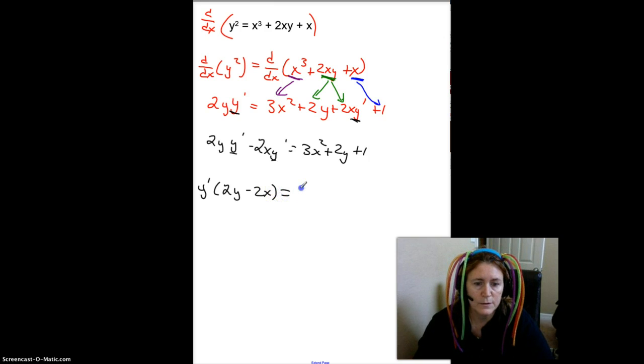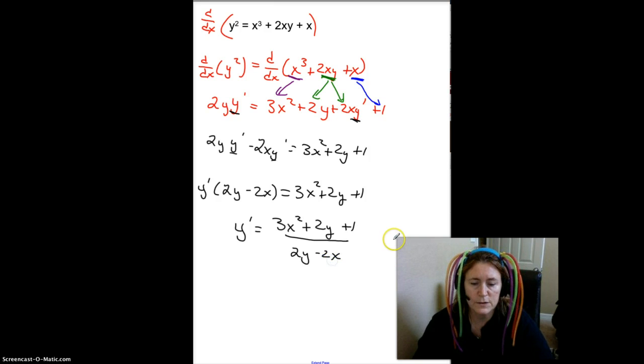Yes, is equal to 3x squared plus 2y plus 1. So now I'm going to solve for y prime. y prime is 3x squared plus 2y plus 1 divided by 2y minus 2x, and this is true for all x and y that are not equal.